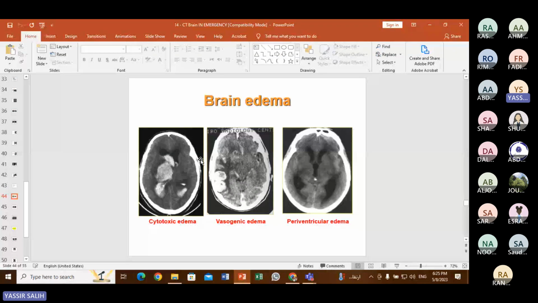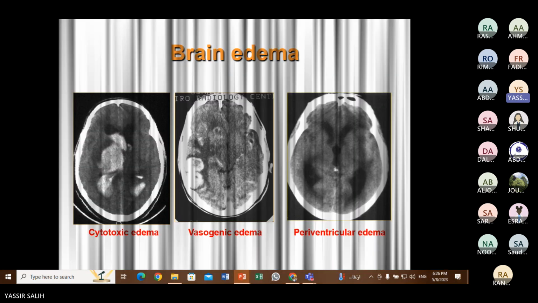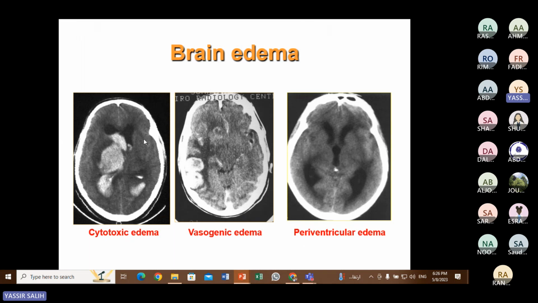Anyone to comment on this CT? What are your findings? What do you see? It is the same things we were talking about.